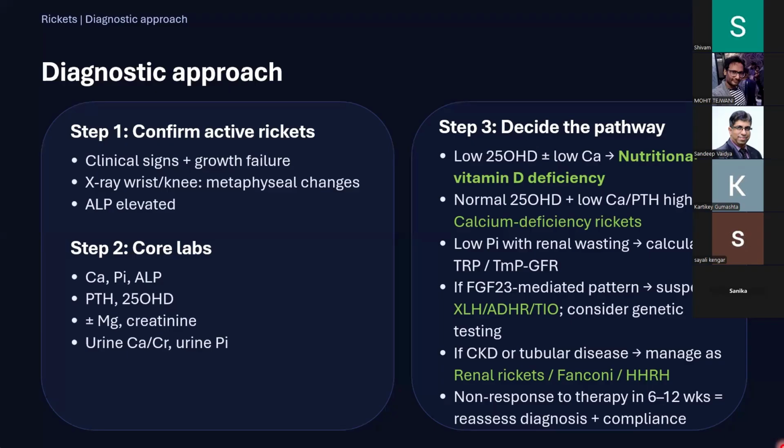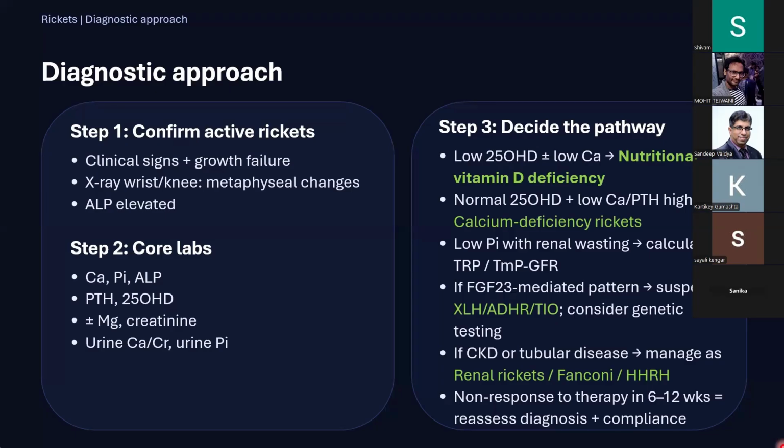If there is a low vitamin D and low calcium, we can conclude safely that it's a nutritional vitamin D deficiency, and we treat it accordingly. If there is a low calcium and high PTH, that also signifies a calcium deficiency. There can be normal vitamin D or low vitamin D.